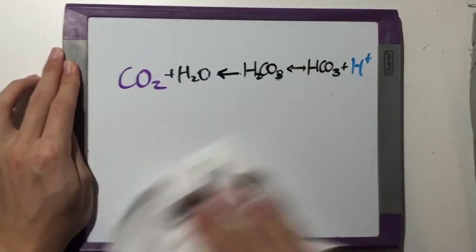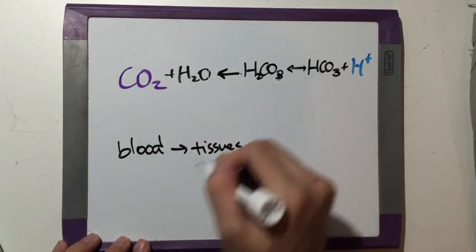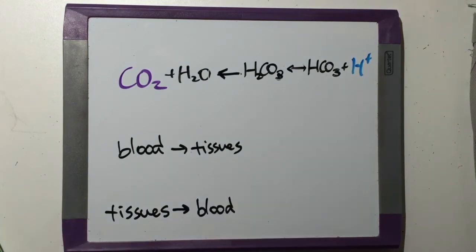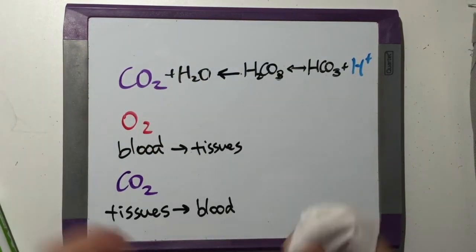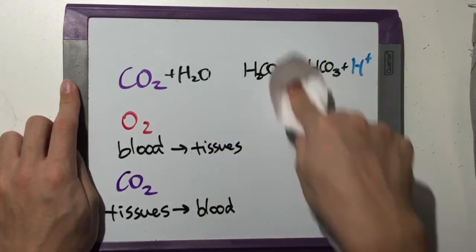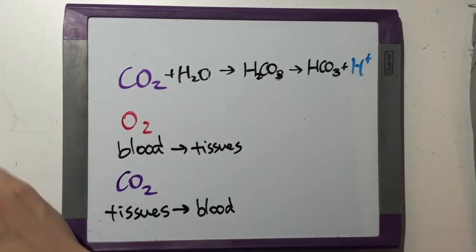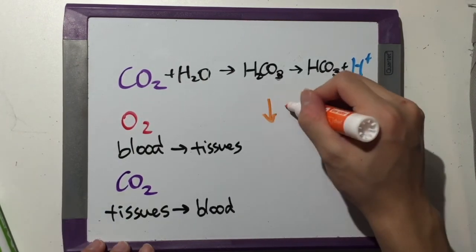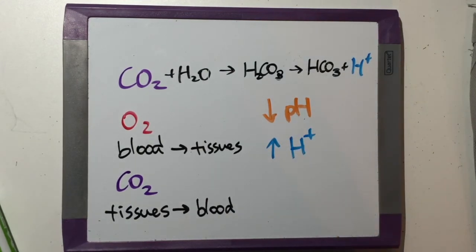Internal respiration is the gas exchange between the blood and tissues. Oxygen diffuses from blood to the tissues and CO2 diffuses from the tissues to the blood. This increases the CO2 levels in the blood, which forces the previous reaction to the right to get rid of more CO2. This also decreases the blood pH as the hydrogen ion concentration increases with the help of bicarbonate.